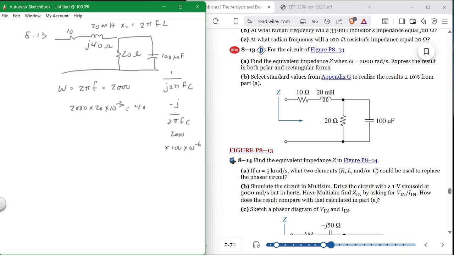What does that equal? What do you get for that? Pardon? J5. It's a minus J5.